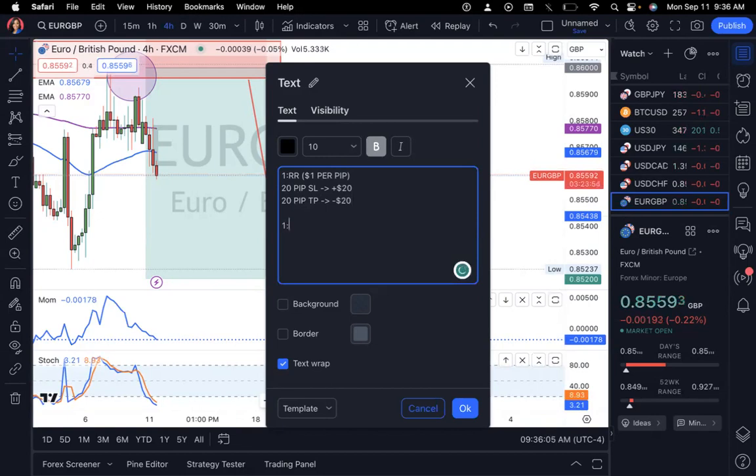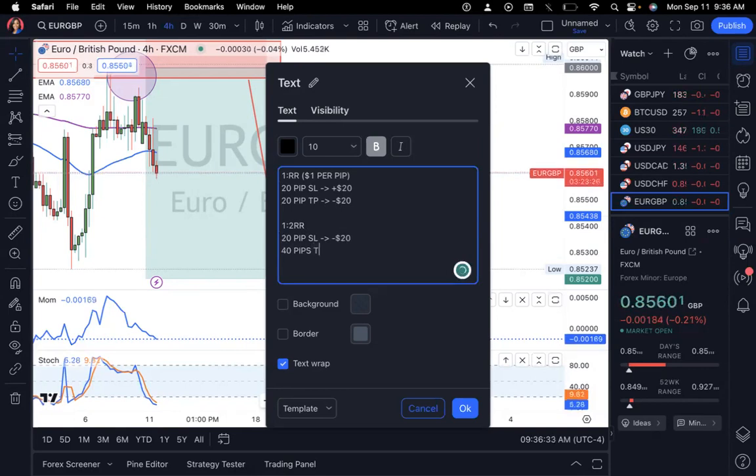Now, for the second example, we're going to look at something that's pretty common. And this is a 1-to-2 risk to reward ratio. And again, we are still going to be using $1 per pip, and we're going to use that for all of our examples. Now, in this case, we would still have a 20 pip stop loss for a potential loss of $20. But this time, our TP would be 40 pips.